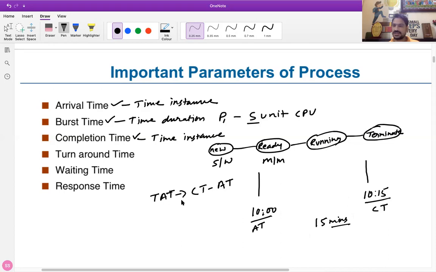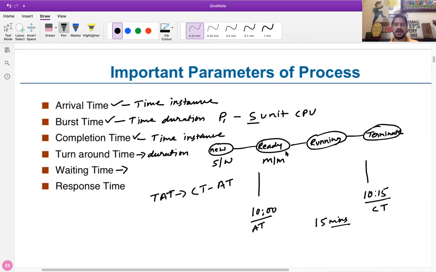Now there is another way we can define turnaround time. Turnaround time is a time duration. Next is waiting time. Waiting time means how much time a process spends in the ready state.